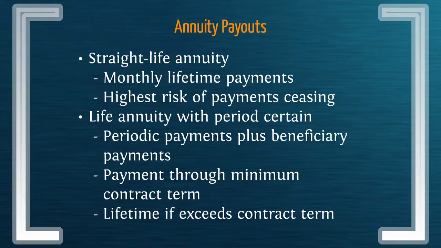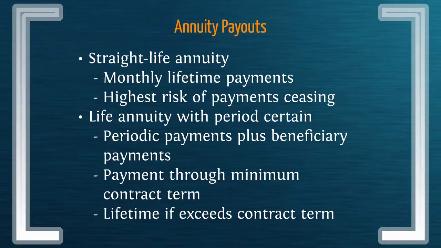To offset some of that risk, there's something called a life annuity with period certain, in which there's at least some minimum payments that will be made regardless of how long the investor lives, so that the beneficiary can receive payments for some minimum time from when the payments begin. And that can be 10 or 20 years, it just depends on the annuity contract.